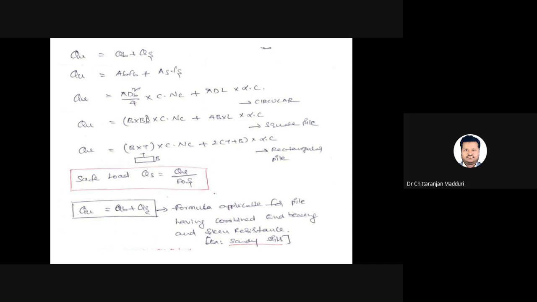So ultimate load carrying capacity, you know that. Next we need to calculate the safe load. The safe load is equal to ultimate load divided by factor of safety. Suppose I take 100 kgs, so more than 100 kgs I cannot bear any more load. That is the maximum capacity of a pile without any failure.